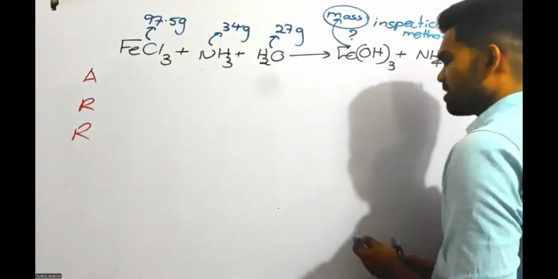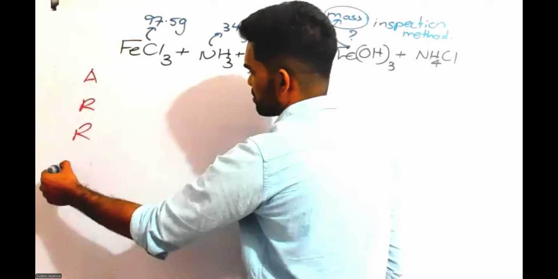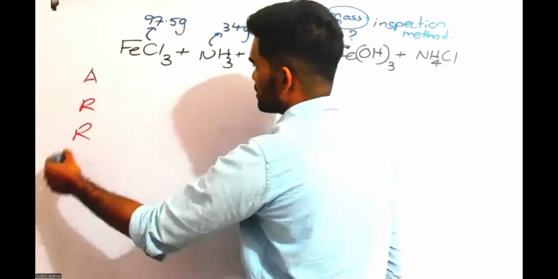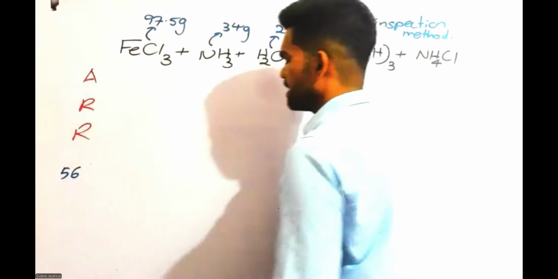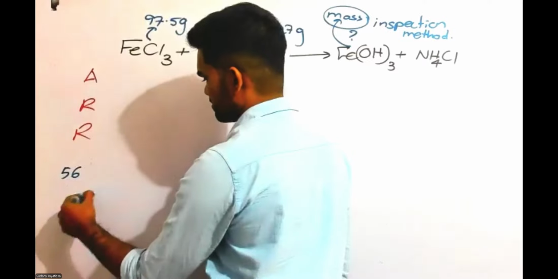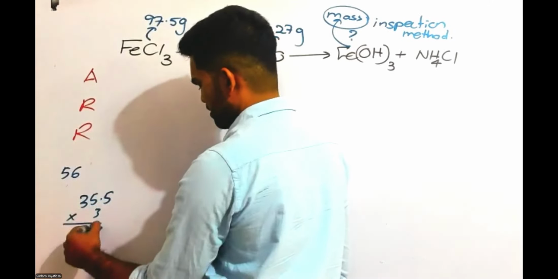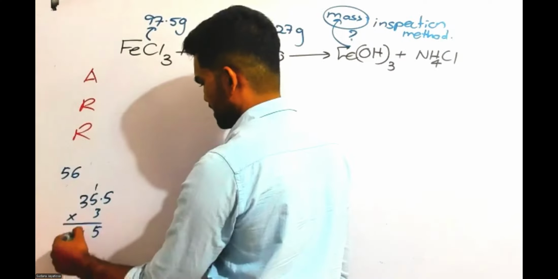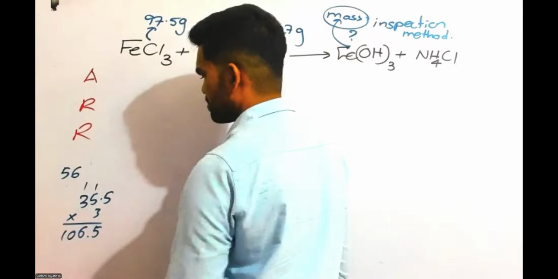Anyway, how do we start the question? By finding the number of moles. For moles of FeCl3, first of all, we need the molar mass. 56 plus 3 chlorine, which means 35.5 into 3, that is 106.5.